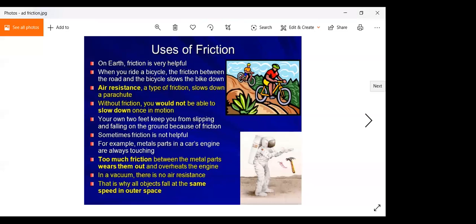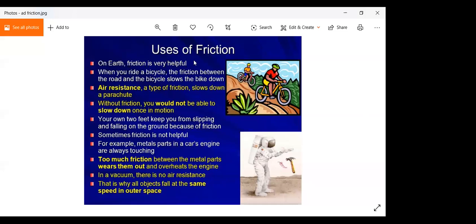Okay, here you can see uses of friction. These are the uses of friction.